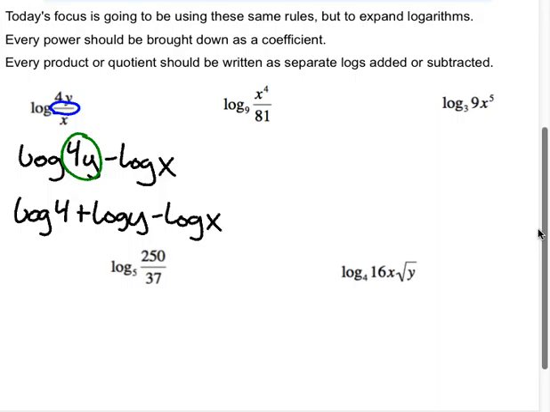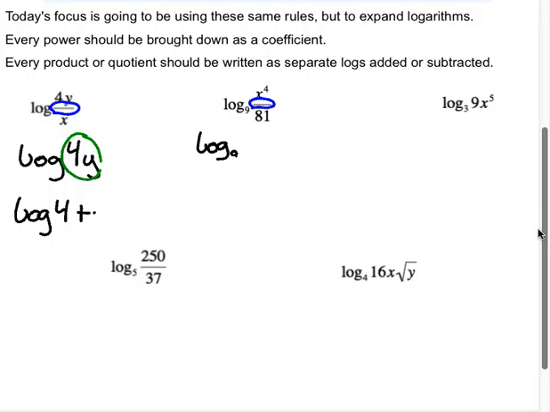So let's look at this next one here. So, I need to erase part of this so I have space. I see that division. So I'm going to rewrite this as log base 9 of x to the 4 minus log base 9 of 81.